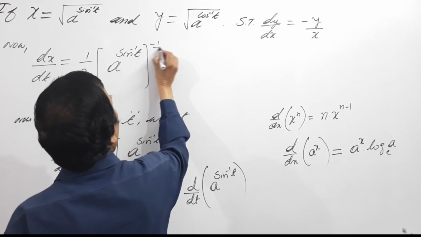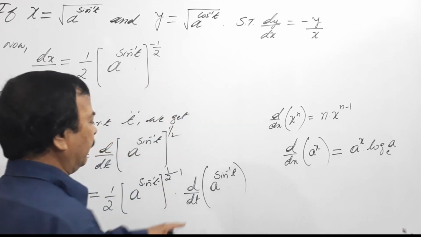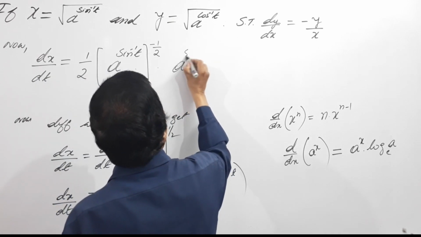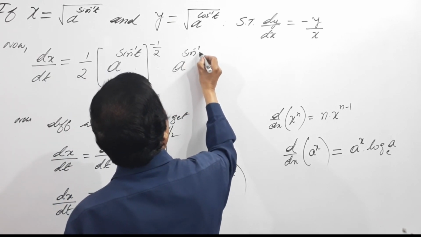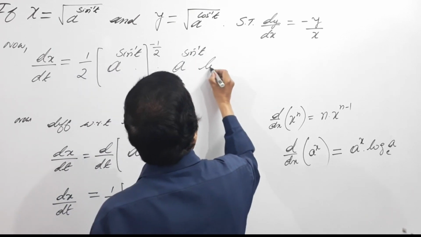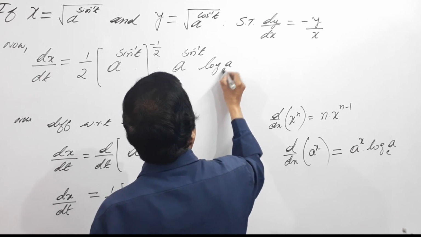This becomes minus half into d by dt. What is this? So this becomes a to the power of sine inverse t, log a to base e.